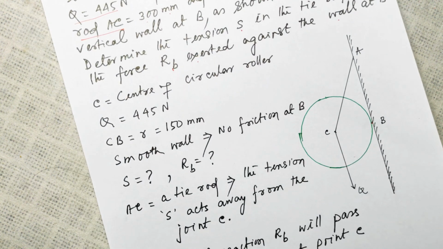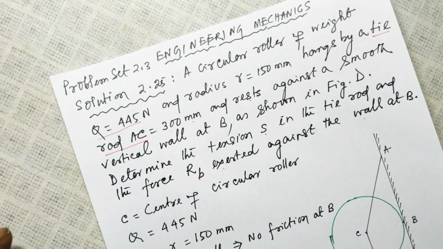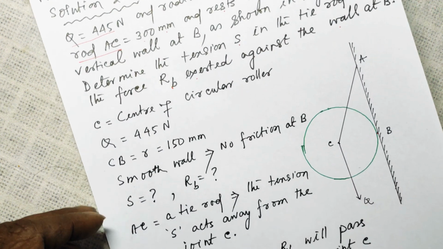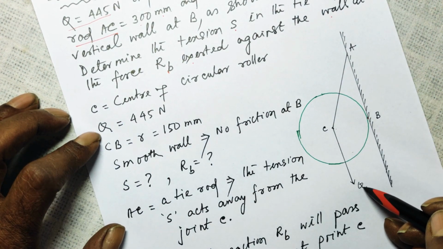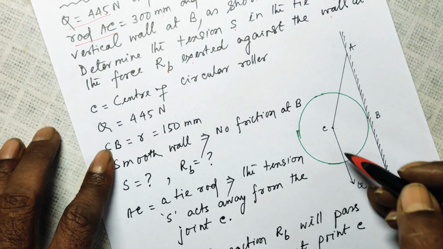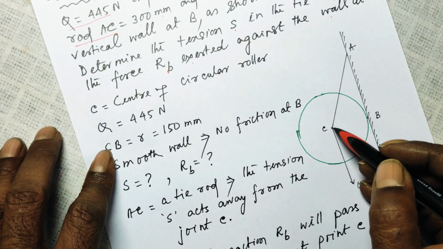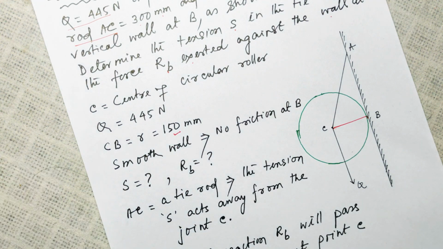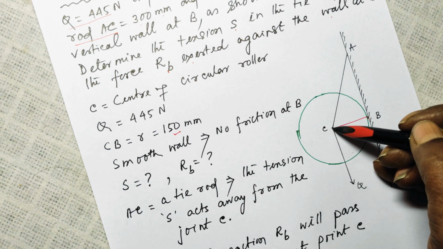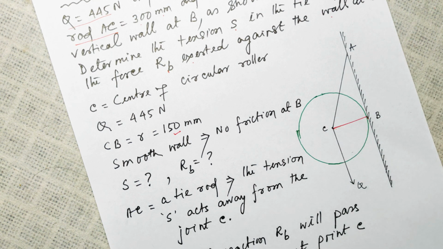So what is given? C is the center of the circular roller. Q is 445 Newton. CB, from C to B, is your radius. That is also given, 150 mm. The length AC from A to C is also given as 300 mm.